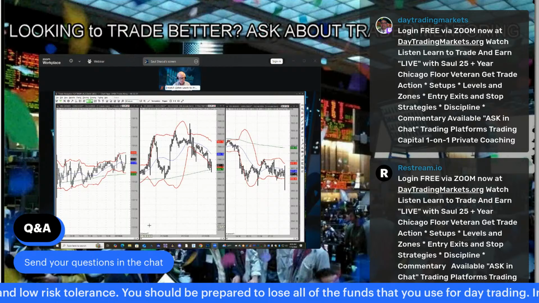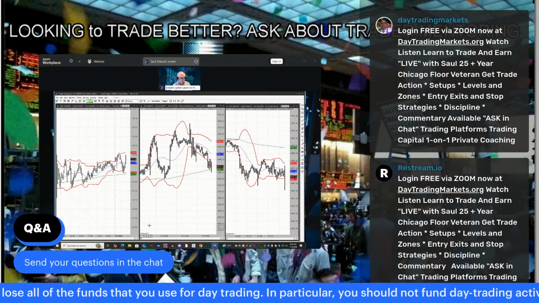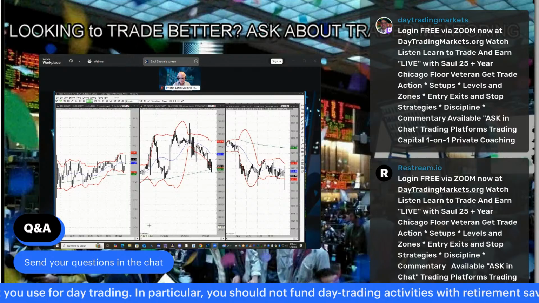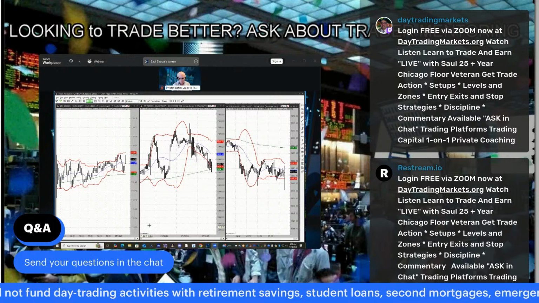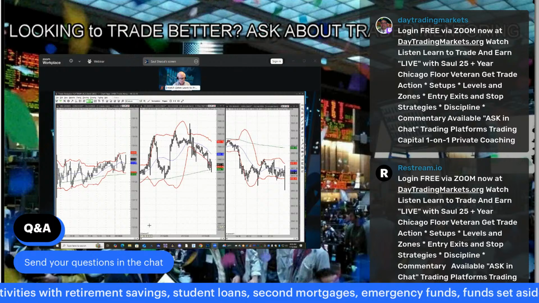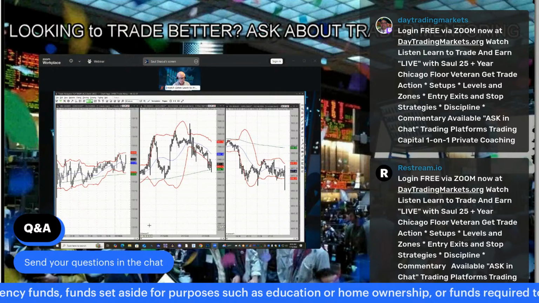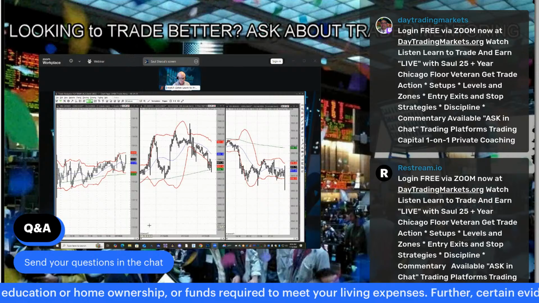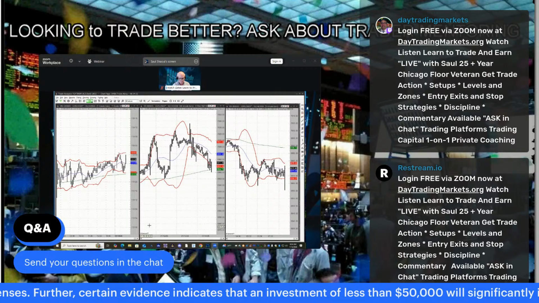All right, very, very choppy here. Flew back up, and then it flew back down, and then back up again when I had my position on. Now coming back up to our first upside resistance at 80.